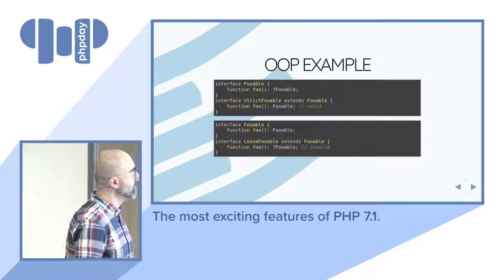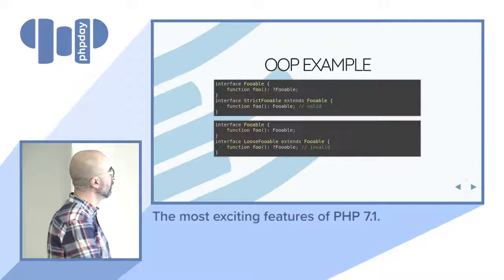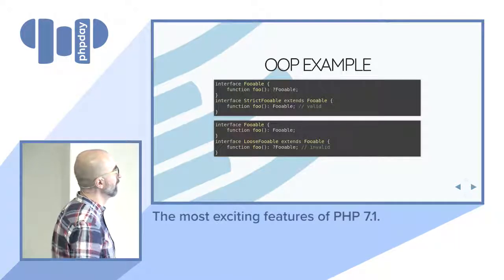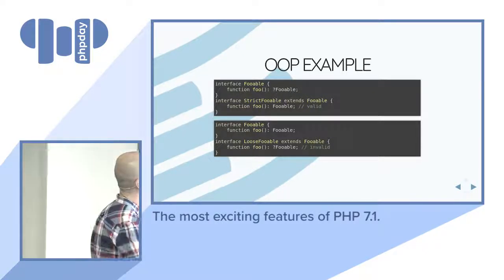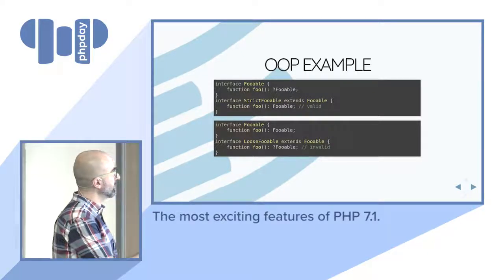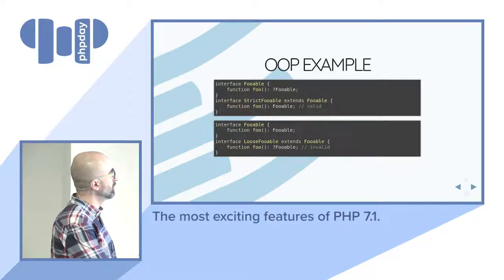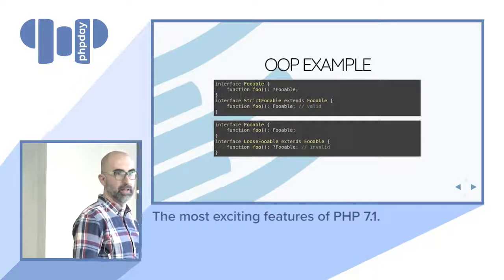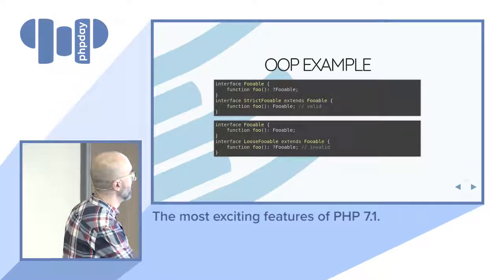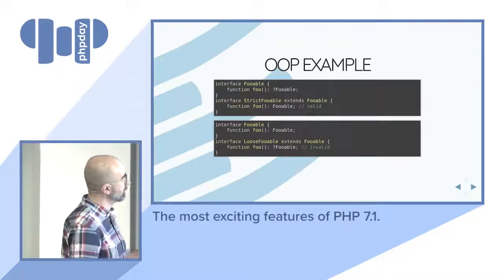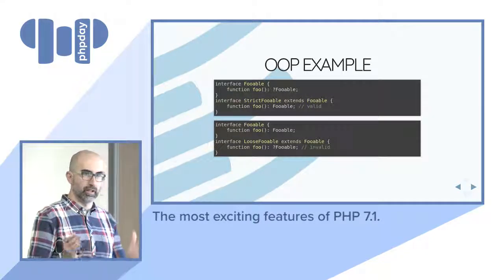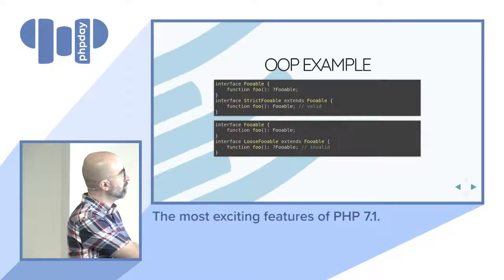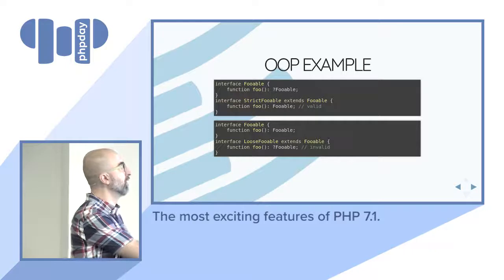This is another example using object-oriented code. We have an interface with a function foo. You have to return an object that is Fooable or null. You can extend this interface with another interface, and you can omit null as a return value. Here we are being strict. We are reducing the interface in some way, and it's compliant with Fooable, because Fooable says you have to return null or a Fooable.